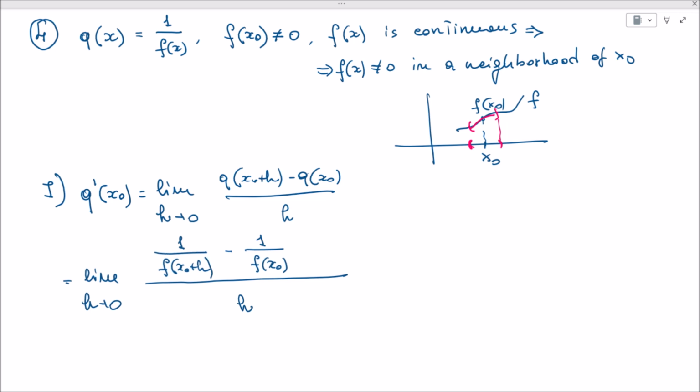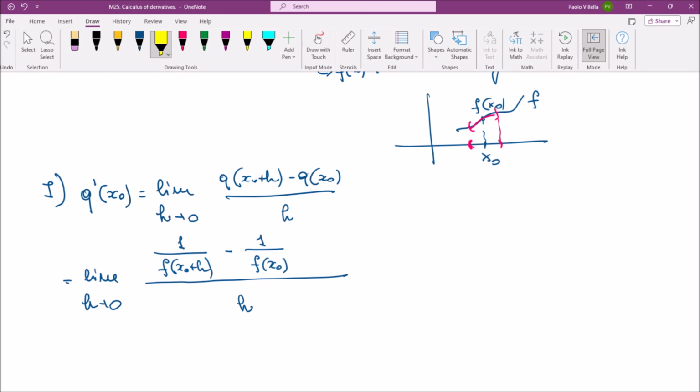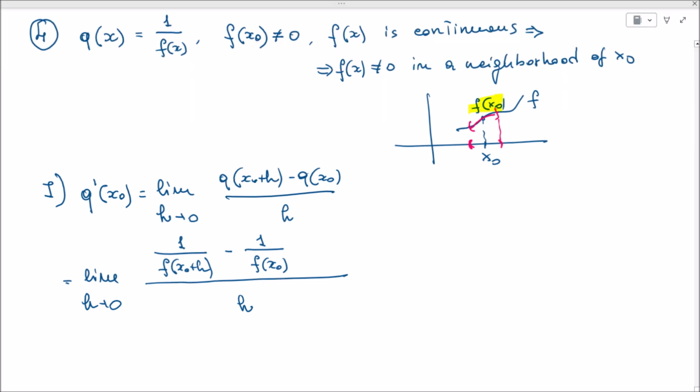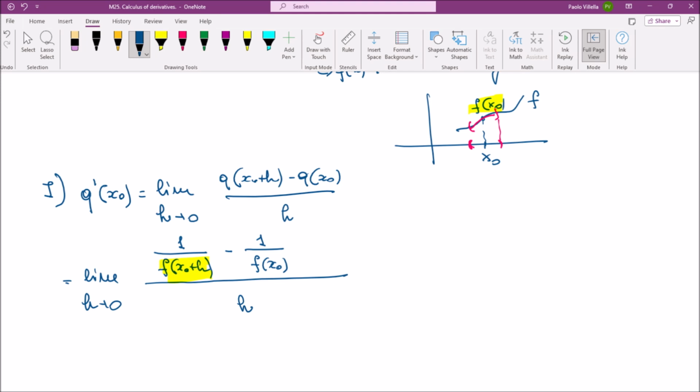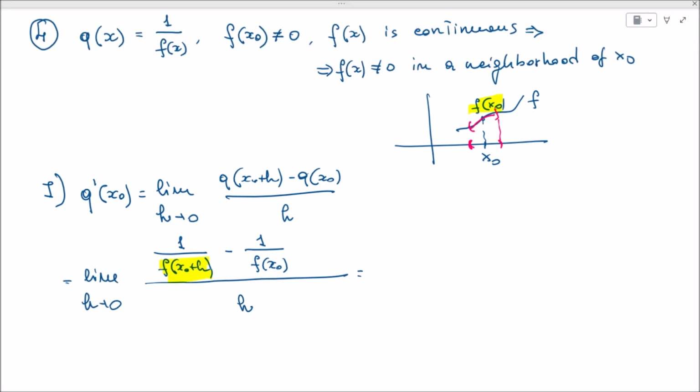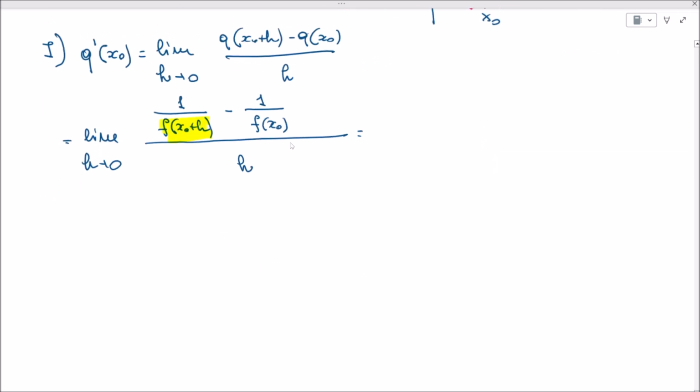And you see why now we need the previous consideration. So this consideration is important because now we can write 1 over f of x naught plus h, because we know that this is well defined. Okay, so this is now something that we can rewrite as follows.